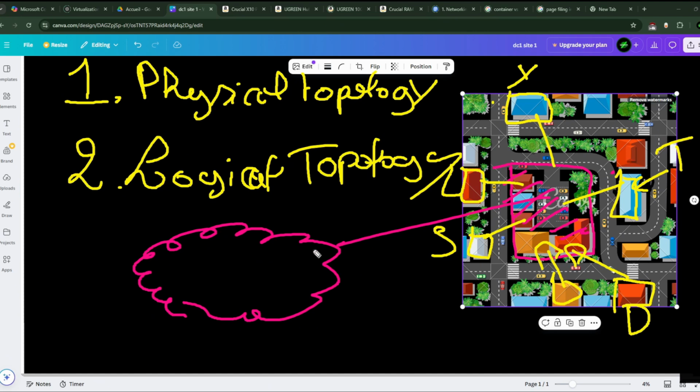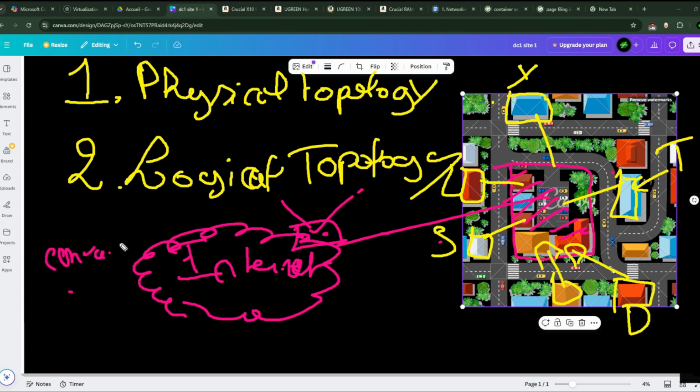So you have here the internet, which again is just many routers, many servers. This is actually network topology. Whenever, for example, Sofian wants to connect to a website like canva.com, he will go to the router.